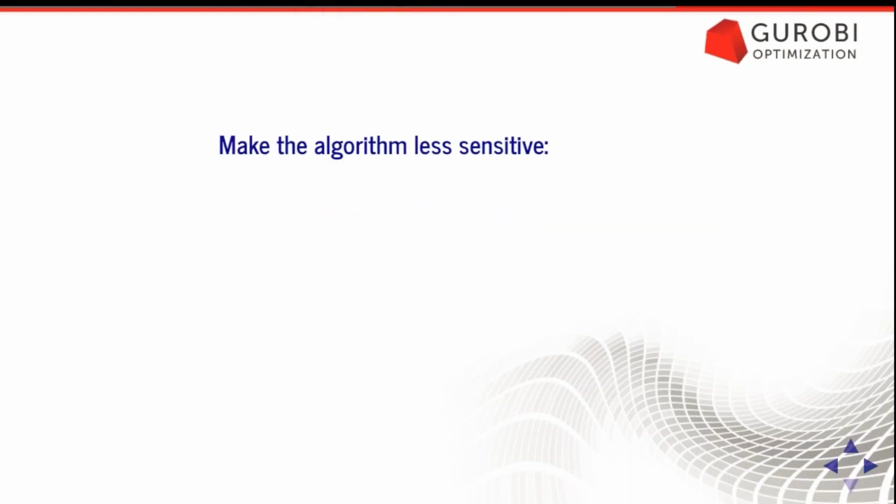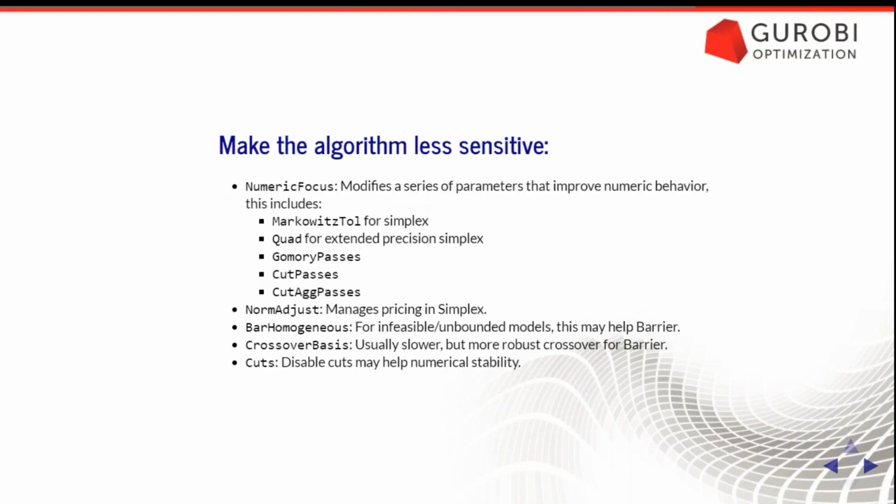You can also try to make the algorithms less sensitive to numerical issues. The easiest way probably is to use the parameter called NumericFocus. By default, it's set to -1, which means Gurobi will handle it internally and decide what to do. You can disable it altogether, setting it to 0, and you can increase it all the way to 1, 2, and 3. And what Gurobi will do, depending on these levels, is to be more conservative on the Markowitz tolerance, which is handling how the simplex pivots are selected.